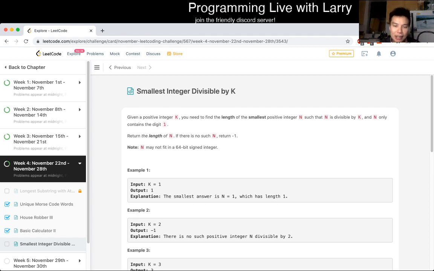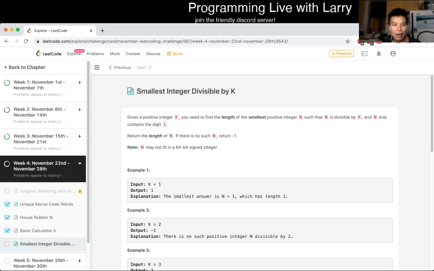Basically the idea is, what does it mean when a number n is divisible by k? A number n is divisible by k if the last digit of that number is 0 in base k. What do I mean by that? Let's say you have base 10.